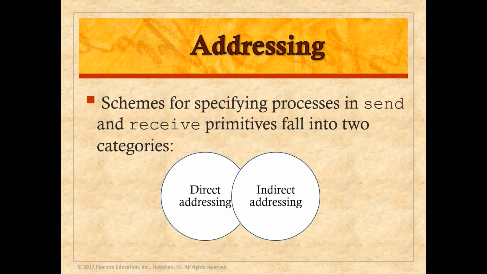So what is addressing? It is where to send the message so that the process can access or retrieve the message. We have two categories: direct addressing and indirect addressing.